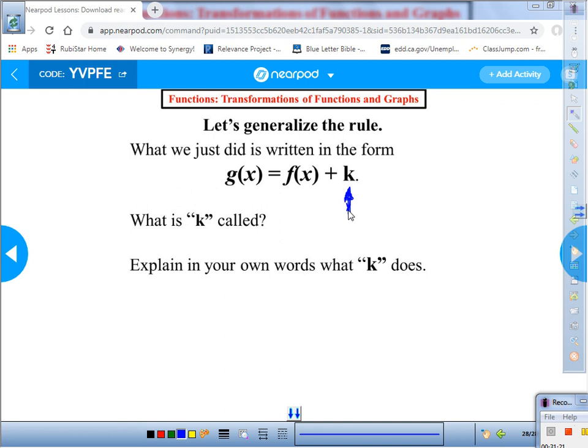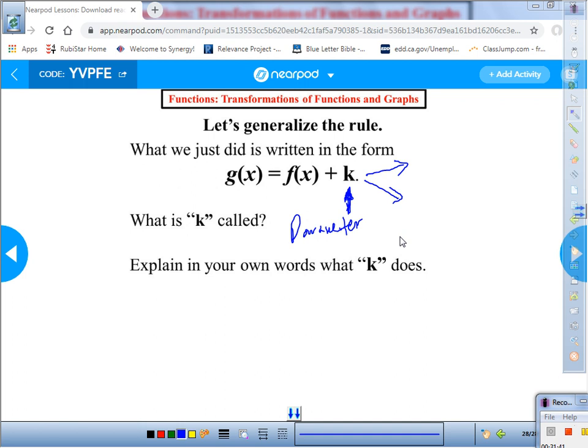So what do we call k, everyone? What do we call k? Parameter. That is correct. Parameter.